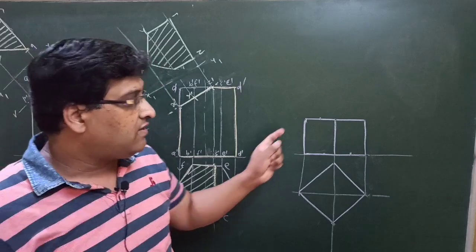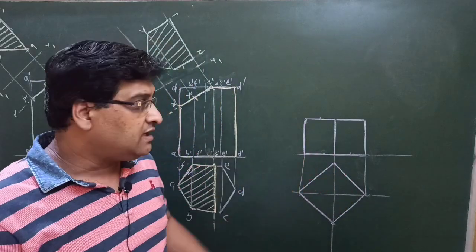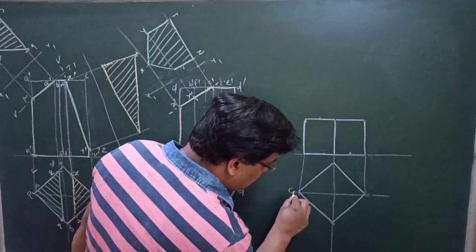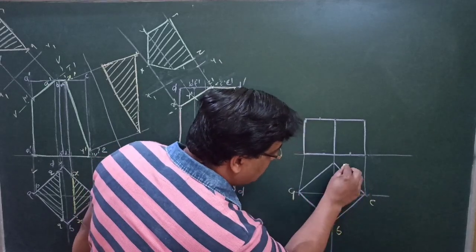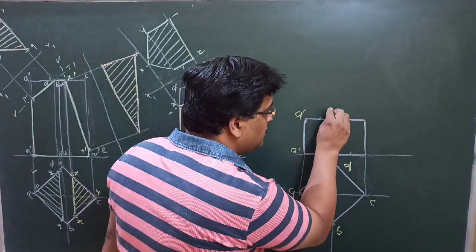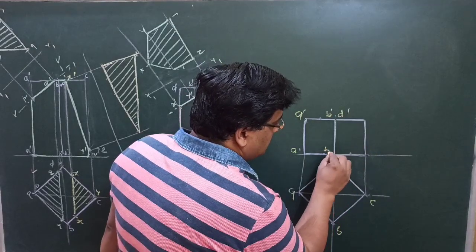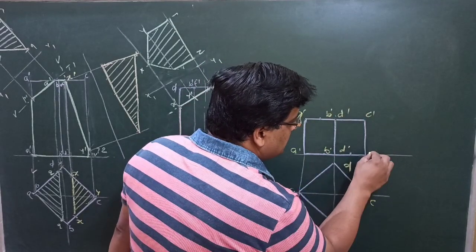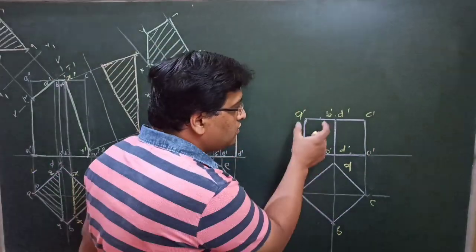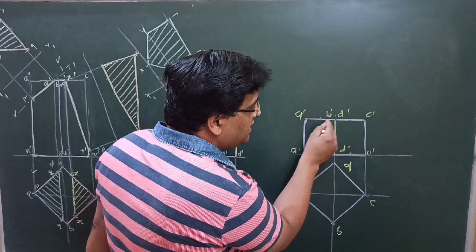You have to identify the position of the cutting plane here, and then draw, and that position is like this. If I give marking, say this is A, this is B, C and D, so this will be A dash, this will be B dash, D dash, and this is also B dash, D dash, C dash and C dash. So what you need to do is find the midpoint from A dash to B dash.